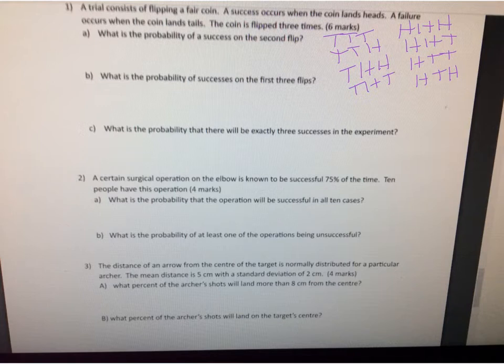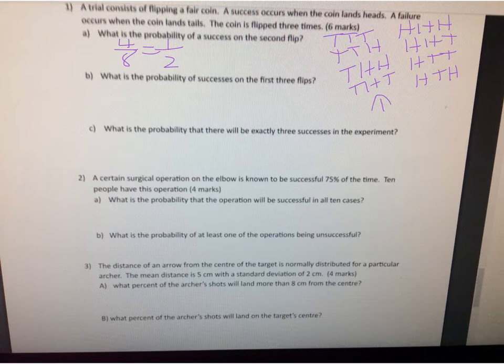So the probability of a success on the second flip just means that all we're doing is looking at the middle of all of these outcomes. We're only concerned with the second flip. We're looking for a success. A success is heads, and 4 out of 8 of them are heads, so 4 out of 8 is 1 over 2. It's as simple as that. That's all it is, okay?